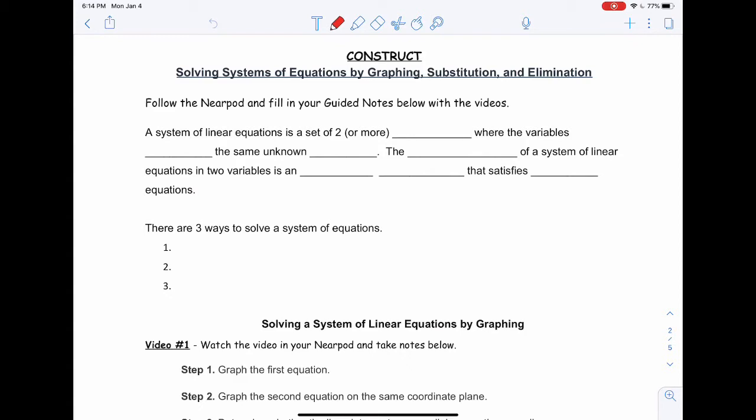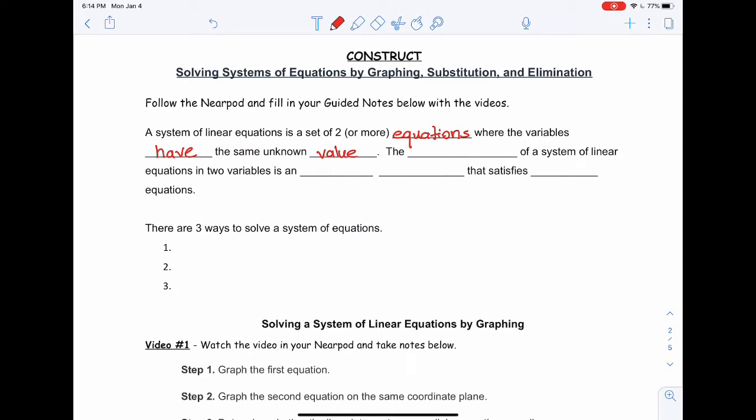A system of linear equations is a set of two or more equations where the variables have the same unknown value.